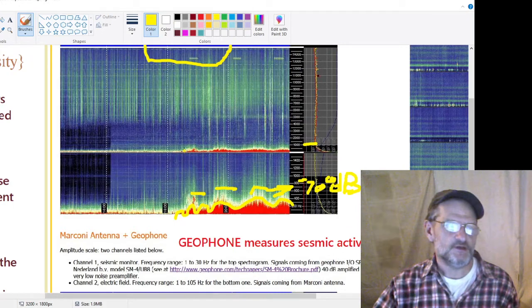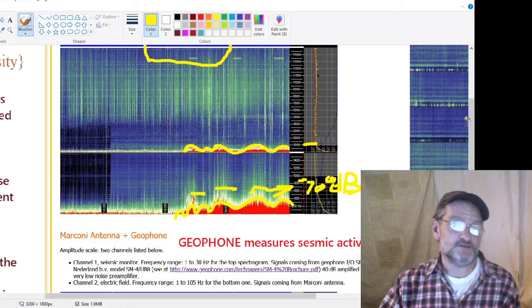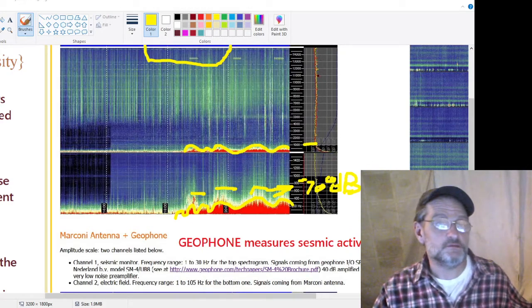Even here, you can see it. It's another sine wave as well.